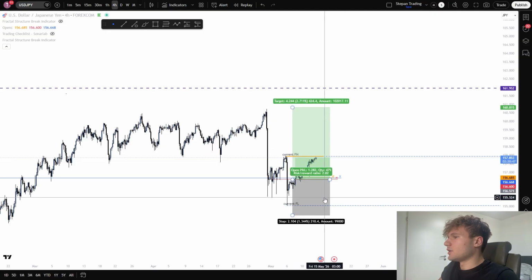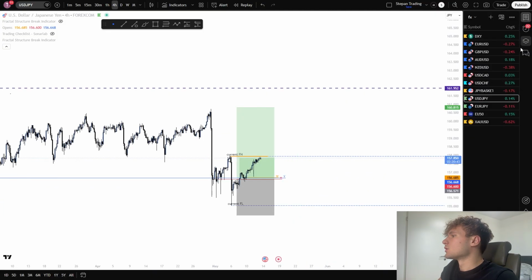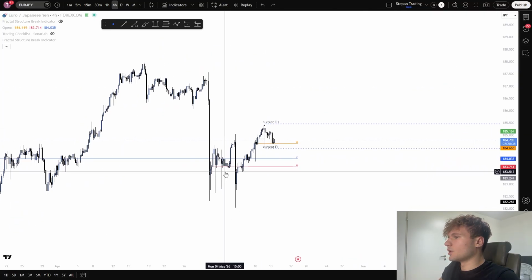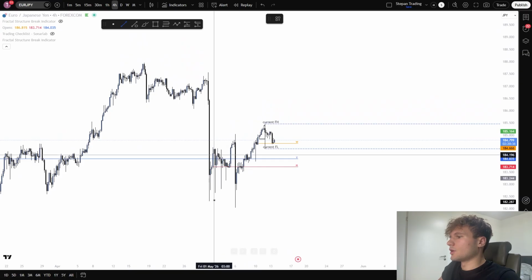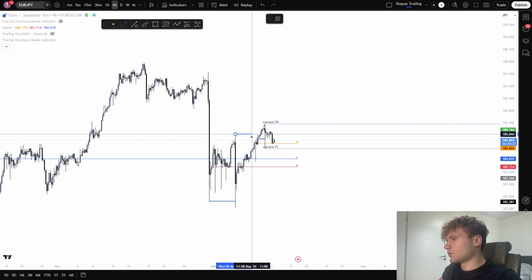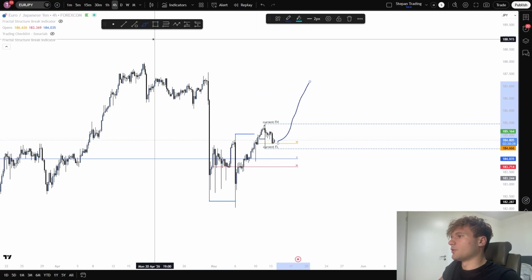Like in the yen basket, they intervened, and I'm still expecting it to go higher if they don't intervene again. Then euro yen is basically the same story. It makes a breakout structure down and then a breakout structure up. And right now, I'm just favoring a more upside push.